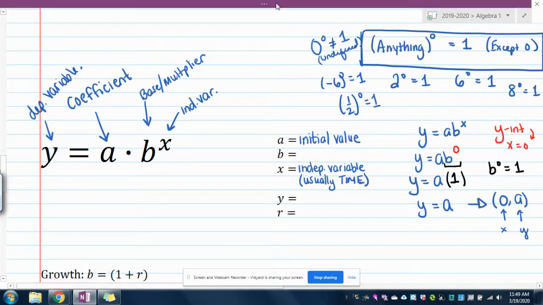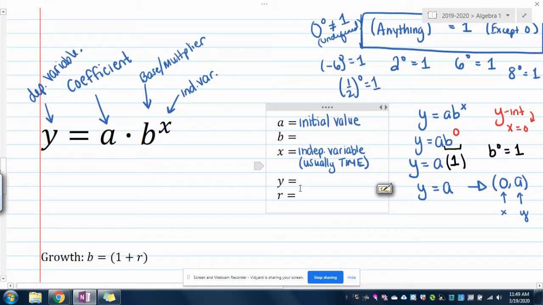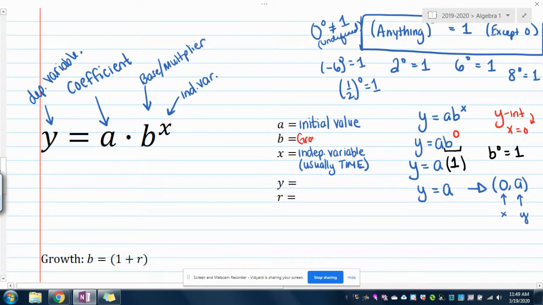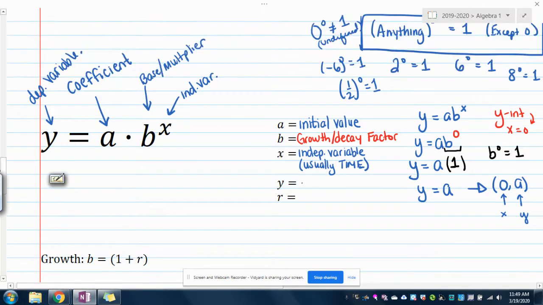But the way that we call this is my growth or decay factor, because it's telling me at what rate it is growing or decaying. And then y is my dependent variable, or my final amount, my final value. So I have my initial value and my final value. And R, and we're going to talk about R in a second.